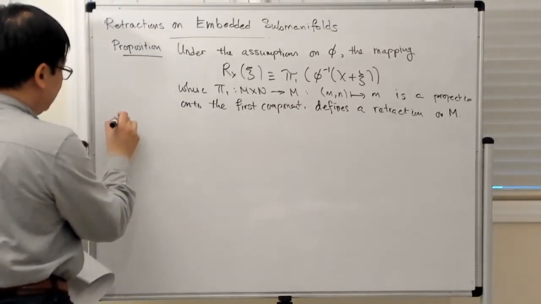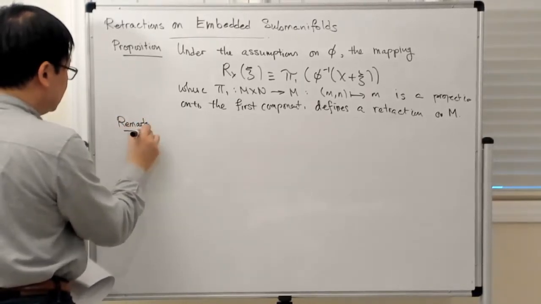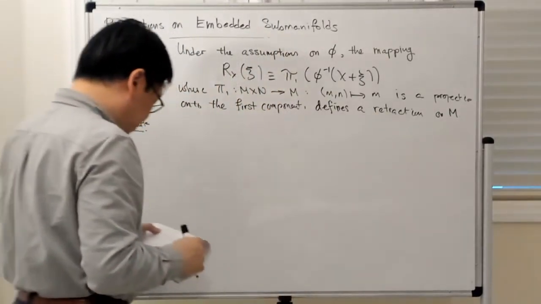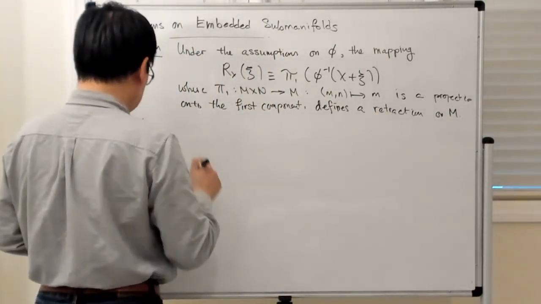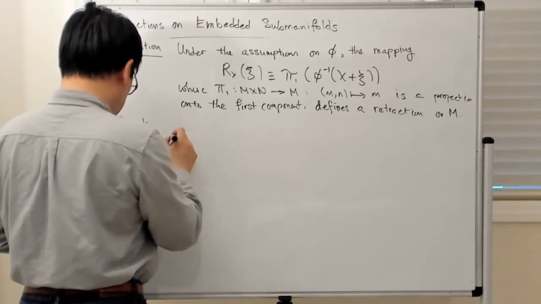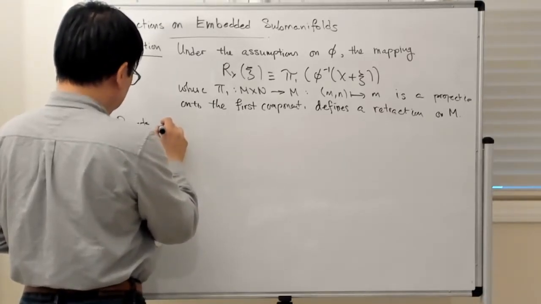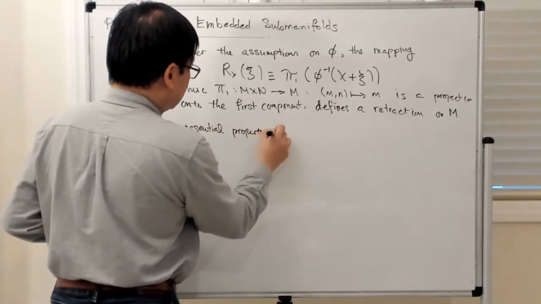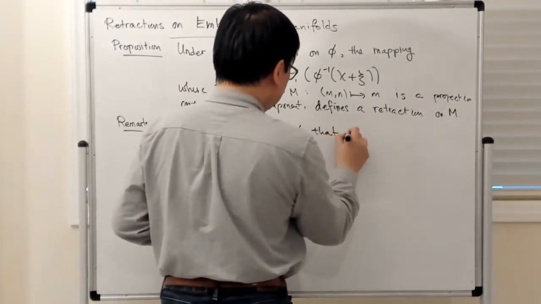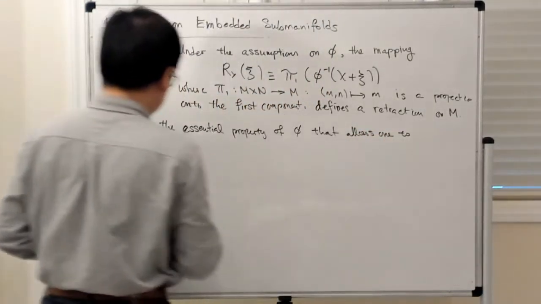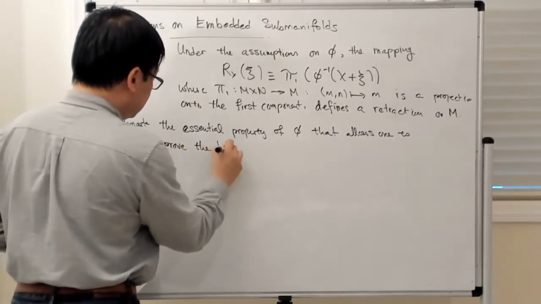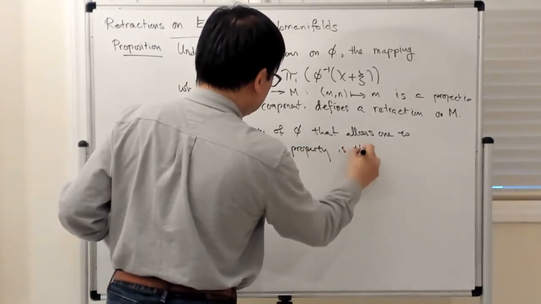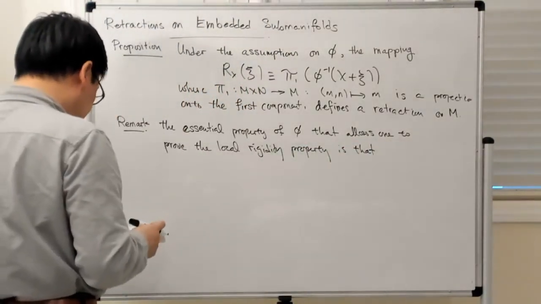So let me not prove it, but let me just remark the following: the essential property of this diffeomorphism that allows one to prove the local rigidity property is the existence of this neutral identity element.